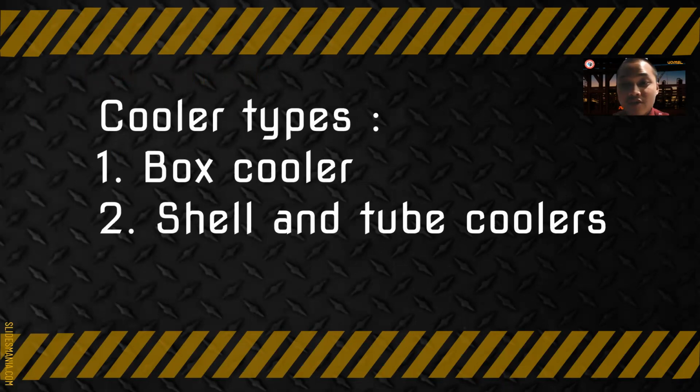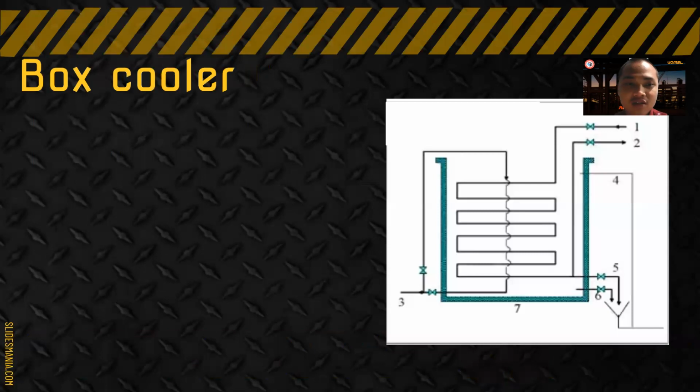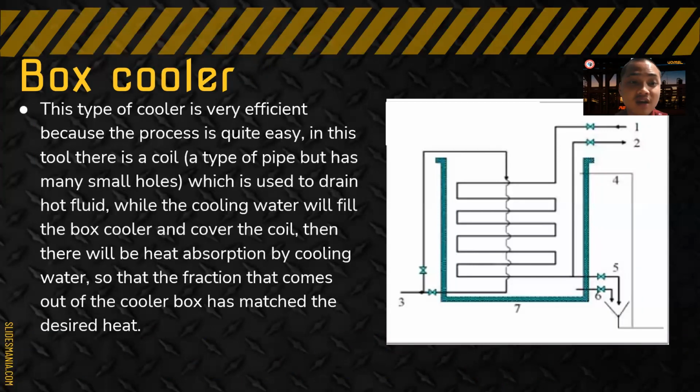Coolers have two types. Number one is the box cooler. Number two is the shell and tube cooler. Number one, box cooler. This type of cooler is very efficient because the process is quite easy. In this tool, there is a coil.